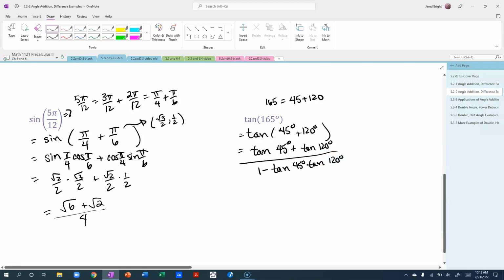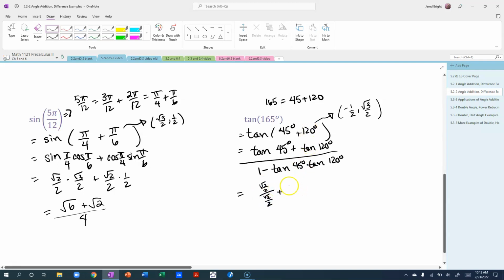Okay, and so for this, again, you might need the unit circle to help you. The coordinate here should be minus 1/2, positive square root of 3 over 2 for 120, and then 45, we've been working with that. So here, going through the arithmetic, oops, I'm sorry, I'm just doing sine. So tangent of 45 would be square root of 2 over 2, all over square root of 2 over 2, better known as 1, okay?